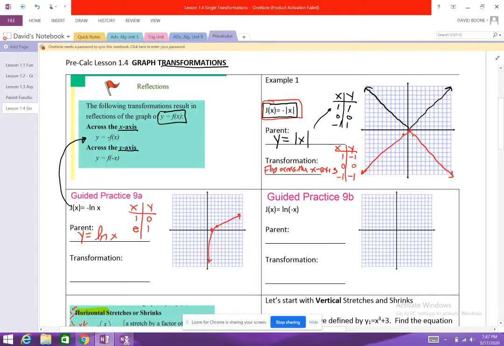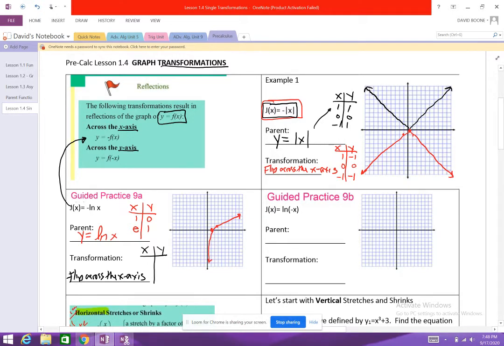So by rule, the transformation here should be a flip across the x-axis. You might want to make a little table, but it should flip across the x-axis. So I know this branch will come down and be over here, and we'll probably go up here, be asymptotic to that y-axis.